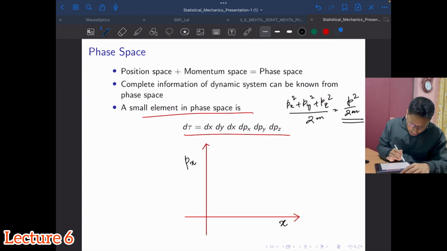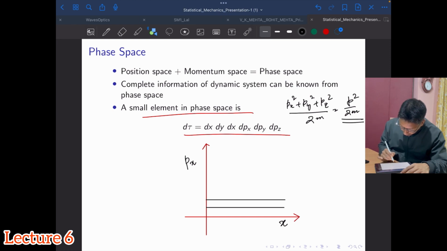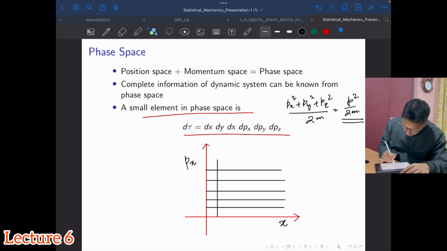So what I can do is divide this phase space, this energy sheet, into further small elemental areas, along px and along, let's say, the x direction.